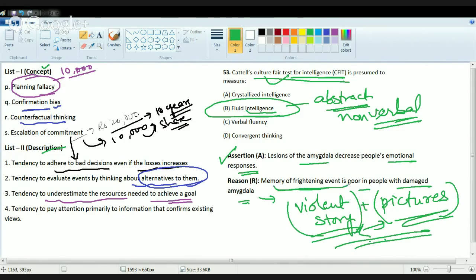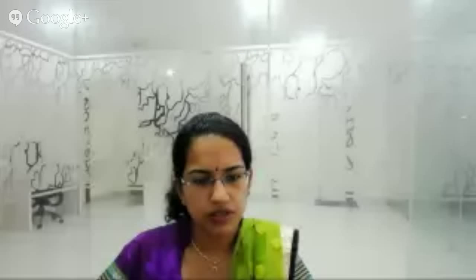So his memory of frightening events is poor because the amygdala is damaged. So emotional response decreases and memory of frightening events is also poor. So both of the statements are correct, but they are not mutually related to one another. So this was the next question that we have discussed. Now let's move on to the next set of questions.